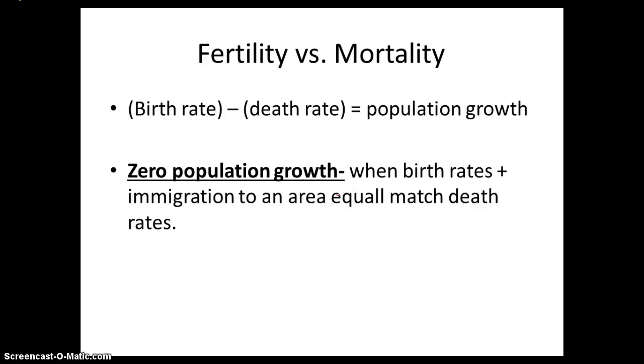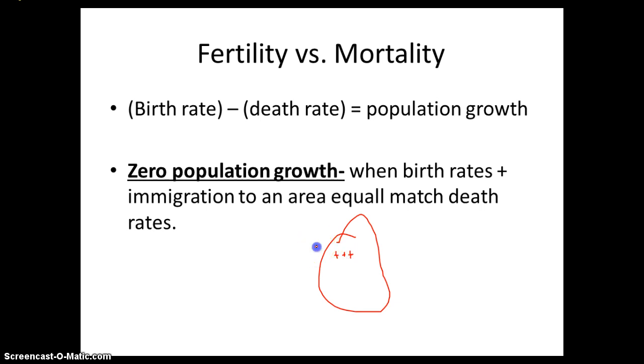We do have this thing called a zero population growth model, and that is when we've got a country, and I'm going to draw a little circular country here, right? I've got people being born into that country, and I've actually also got people immigrating to that country, and so we have to consider that when we're looking at a very specific region.